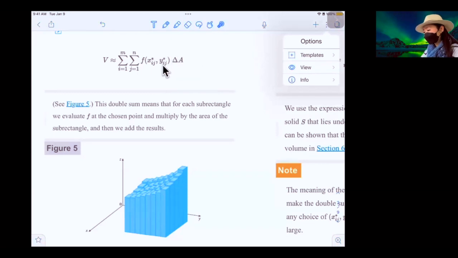So base area times height gives you the value for one rectangular box. And how many of those rectangular boxes do we have? Well, from a to b, we divide that into m subintervals, and from c to d, along the y direction, we divide that into n subintervals. So that's why here i goes from 1 to m and j goes from 1 to n. So we have a double summation right here. The delta A, remember, is the area of each subrectangle. Any questions so far?